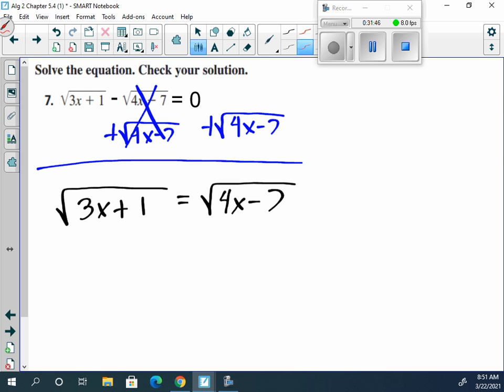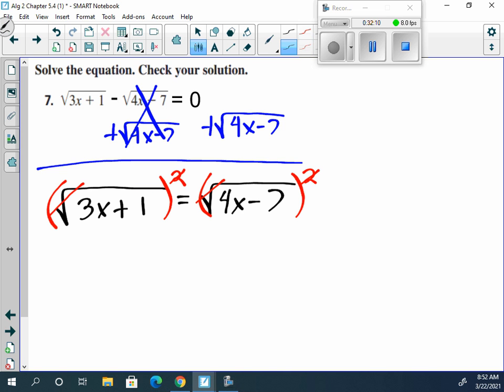Well, now this is exactly like the problems we just did, isn't it? So what would we do next? Square both sides, yes. We would put both sides to the second power because since these are square roots, when we square a square root, the radical and the square will cancel.